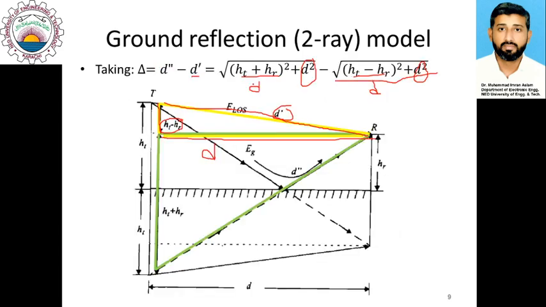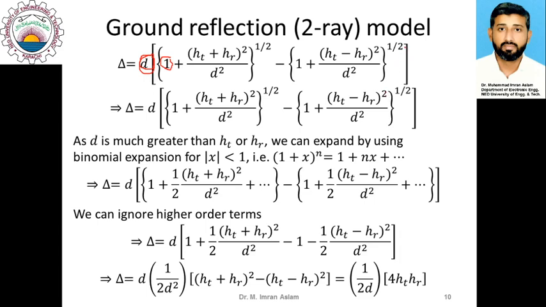Secondly, you should see that this square root here and here can be written as the half power in both cases. So this entire expression is represented like this.